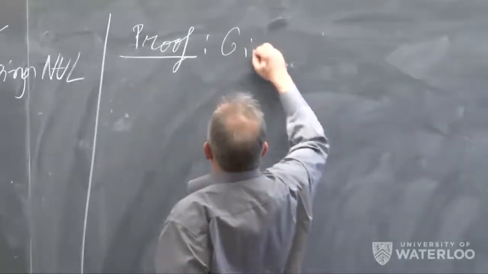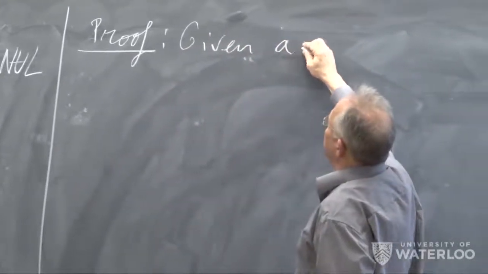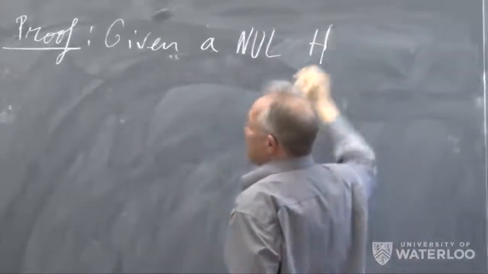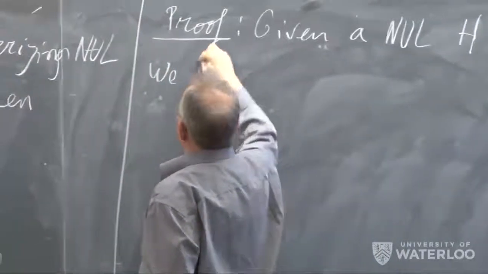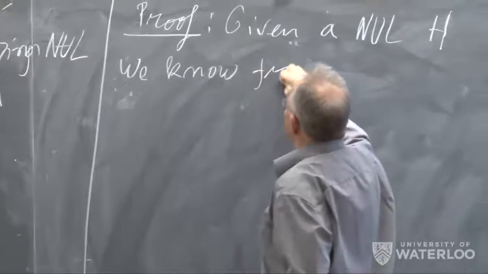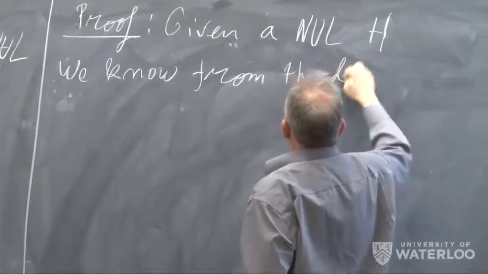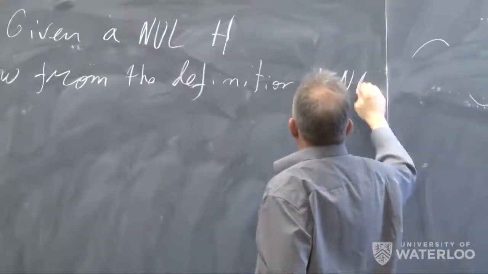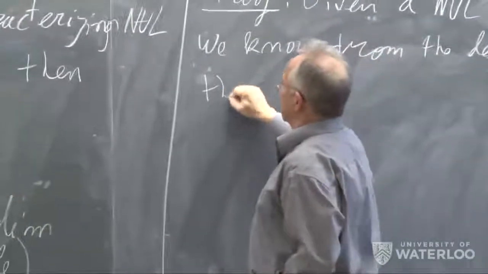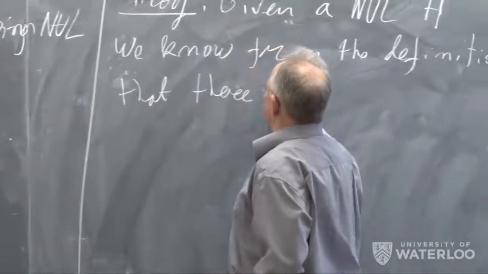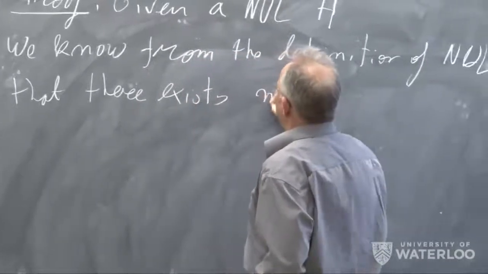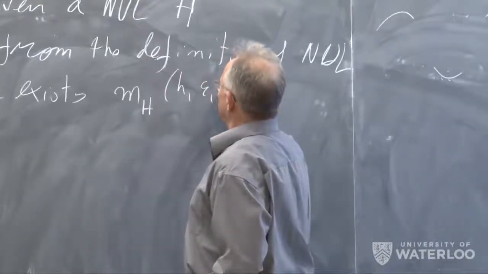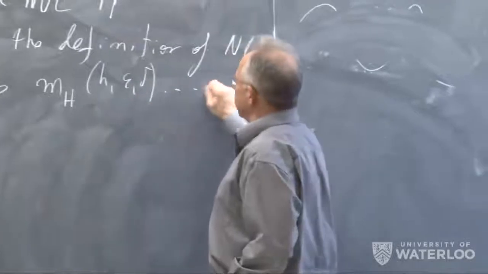Given a non-uniformly learnable H, we know from the definition of non-uniform learnability that there exists some function m_NUL of h, epsilon, delta, satisfying the requirements.